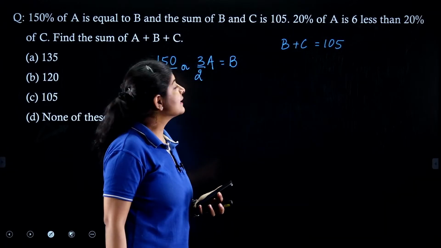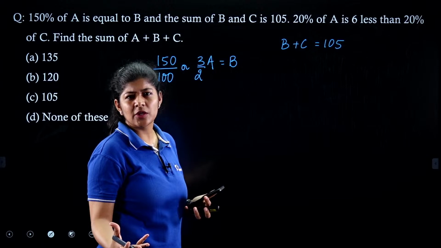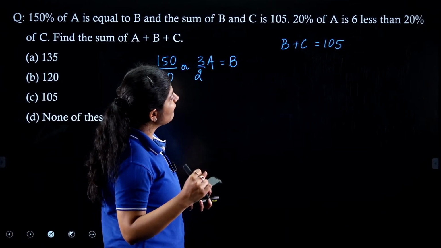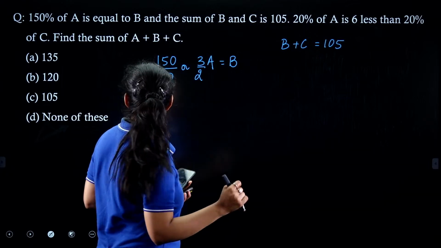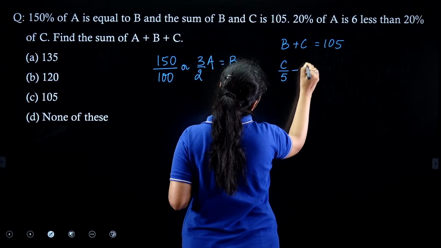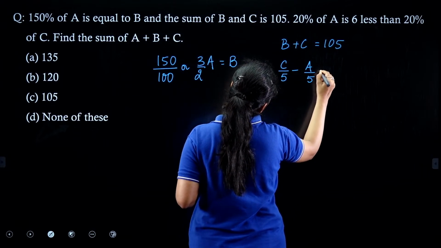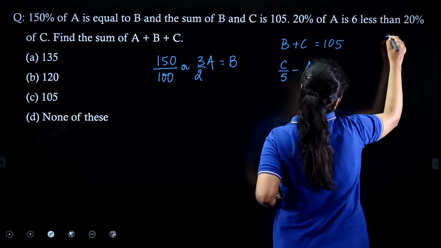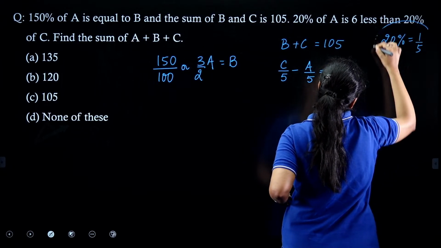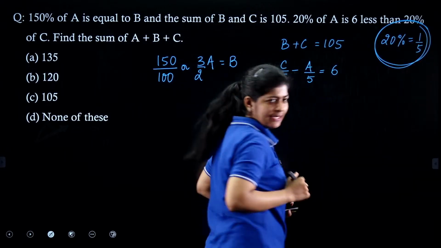There's one more thing, it is given that 20%. We can write 20% as 1 by 5, right? So, A by 5 is 6 less than C by 5. Or we can say that C by 5 minus A by 5 is equal to 6. How am I writing it? Because I know that 20% can be written as 1 by 5 in fraction, right?